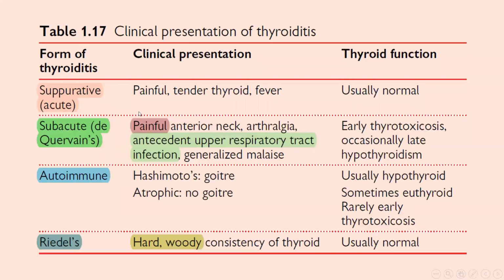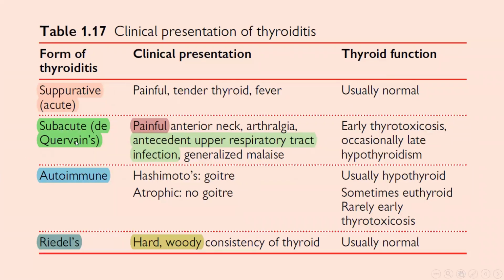Subacute thyroiditis, this is painful, like suppurative, a tender thyroid. Usually the patient presents with arthralgia, generalized malaise and a history of upper respiratory viral infection. The patient usually presents with thyrotoxicosis, TSH is low with elevation of the thyroid hormone.